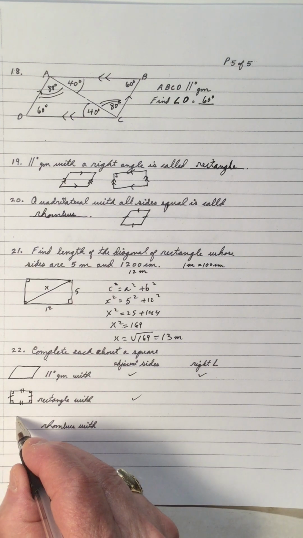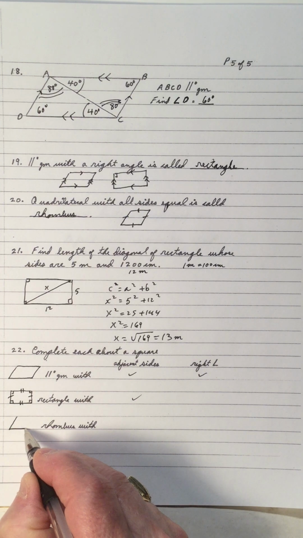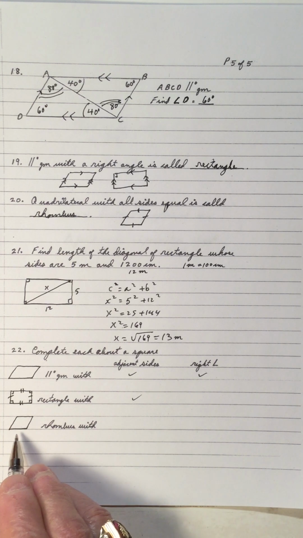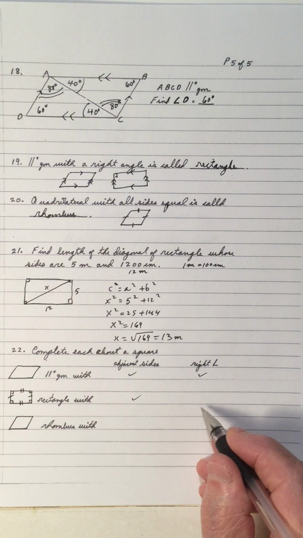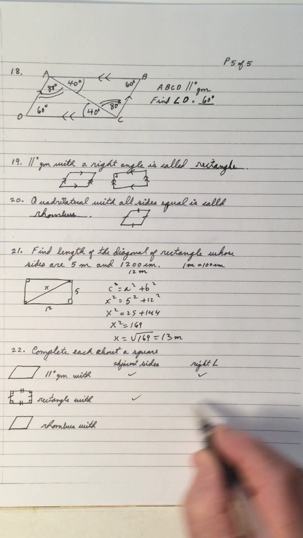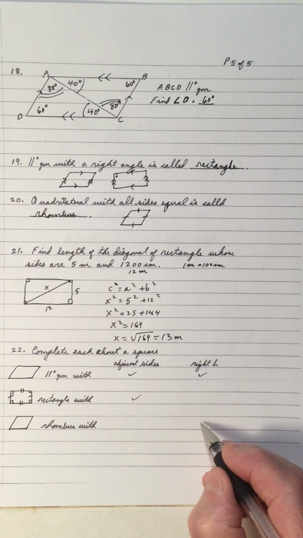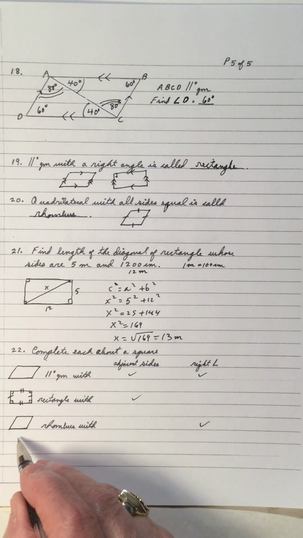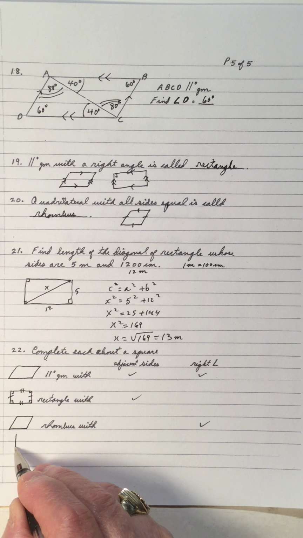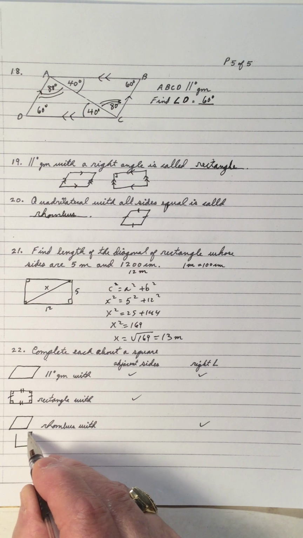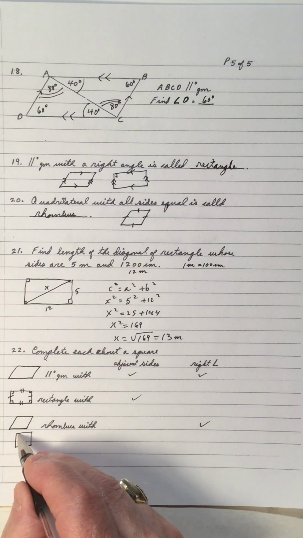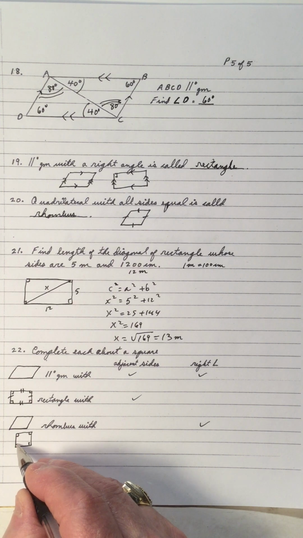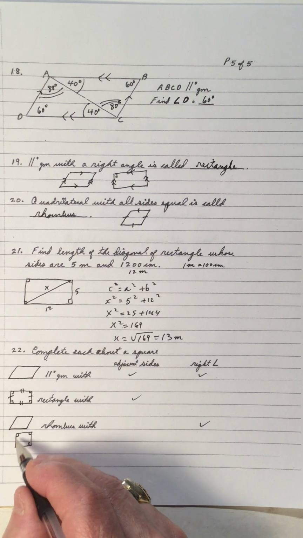And a rhombus, this is a rhombus. A rhombus has all sides equal. So it's not the sides we need, we need to make it a right angle. If you take a rhombus and give it a right angle, take the rhombus and push it back here, it'll make a right angle.